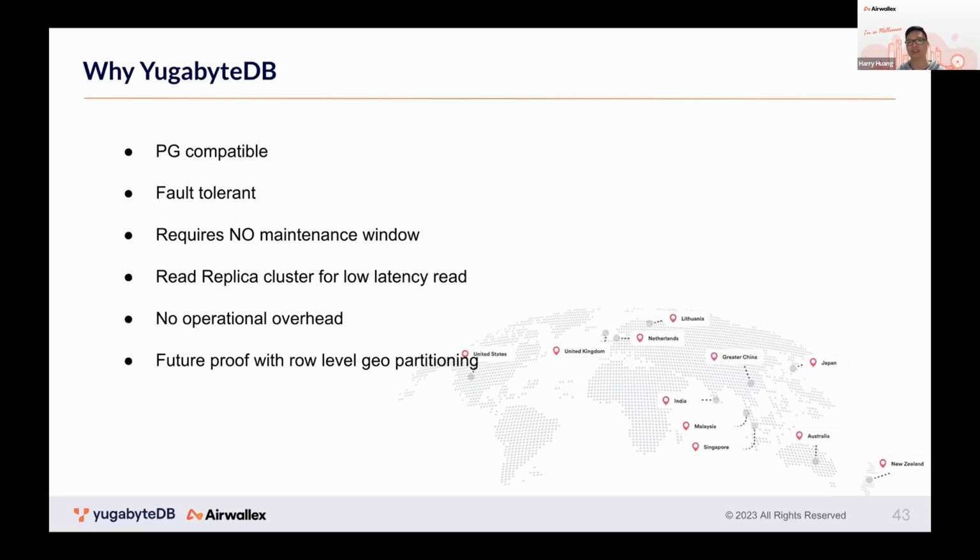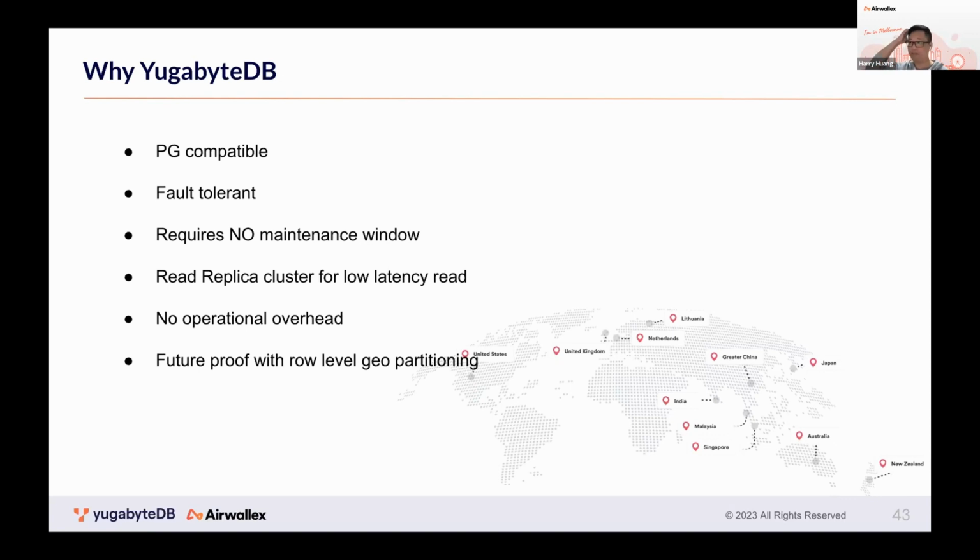So it's important to offer a smooth migration path from Postgres to YugabyteDB. That is quite critical to the success of adopting a new technology. The migration path, that's the first thing.